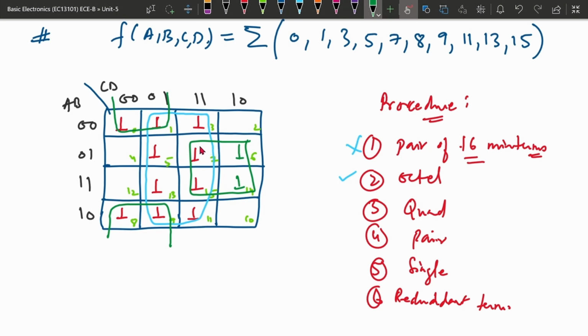So the minterms that have already been covered, we can take the help of them to make a quad or other pair also, but all the minterms of the octet alone cannot be considered for pairing or for the quad. Those have already been covered. Okay, so we will be minimizing, not selecting that.